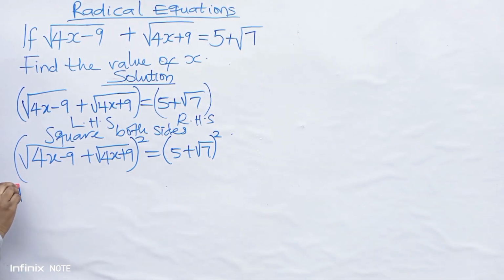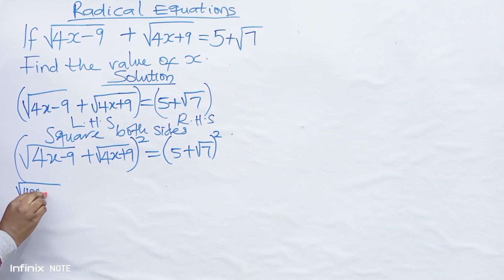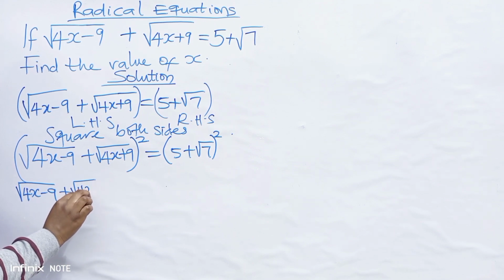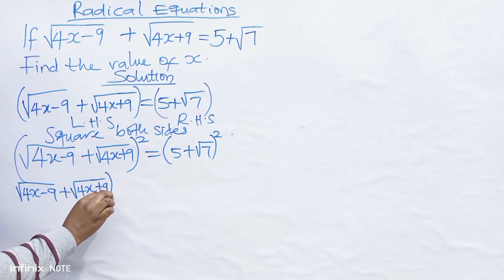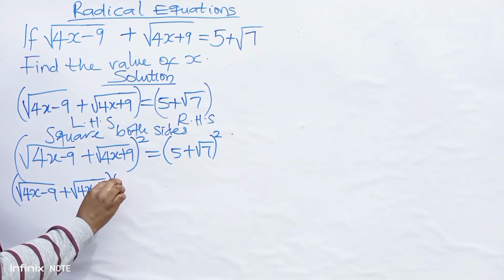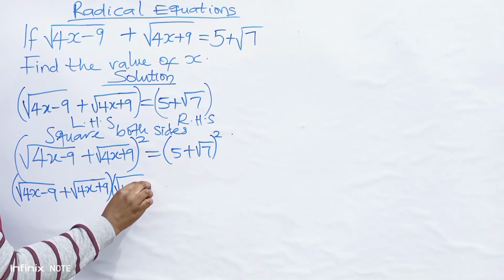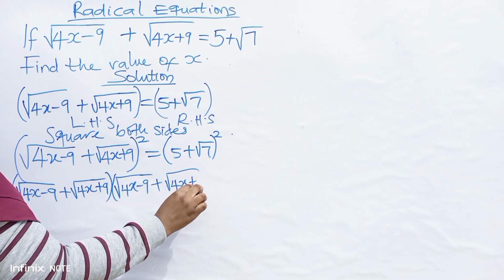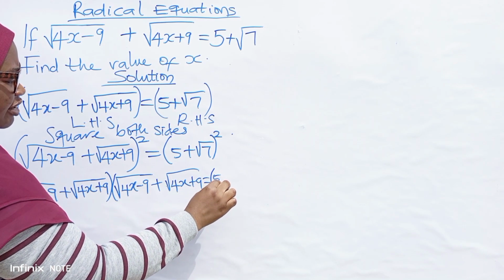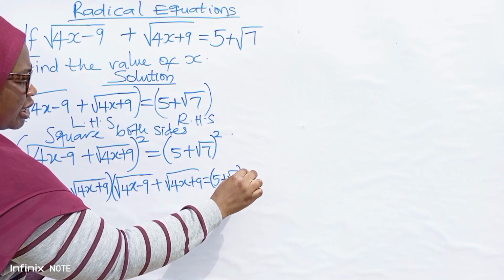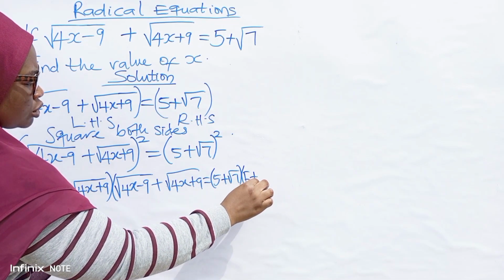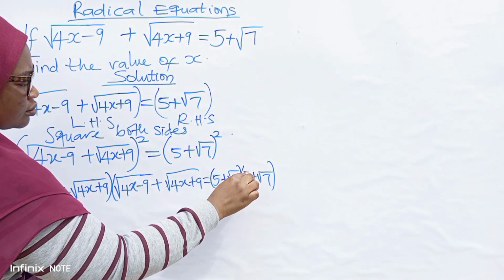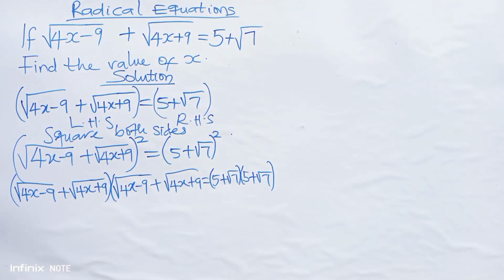This means root 4x minus 9 plus root 4x plus 9 multiplied by root 4x minus 9 plus root 4x plus 9 is equal to 5 plus root 7 multiplied by 5 plus root 7. This is what this means.